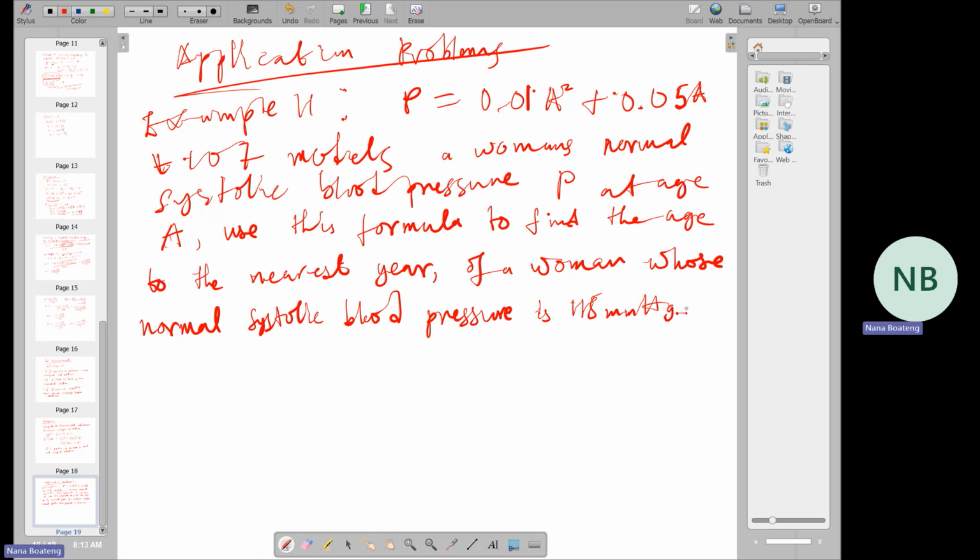All right, so we are told that P represents the woman's systolic blood pressure and A is the age.